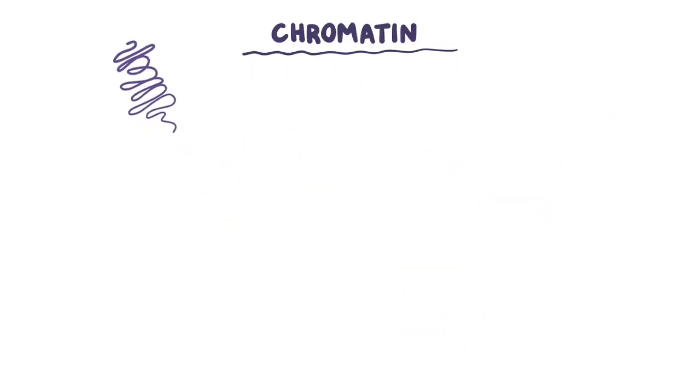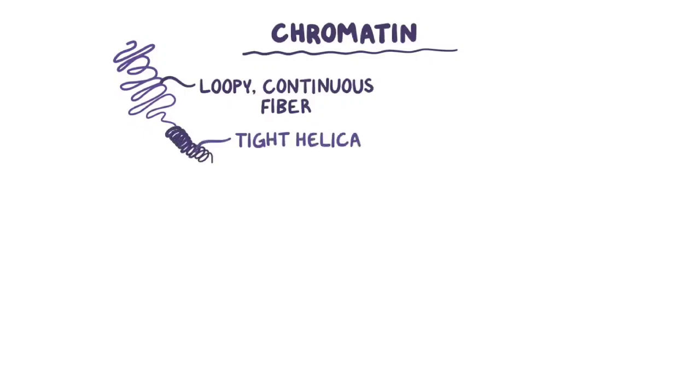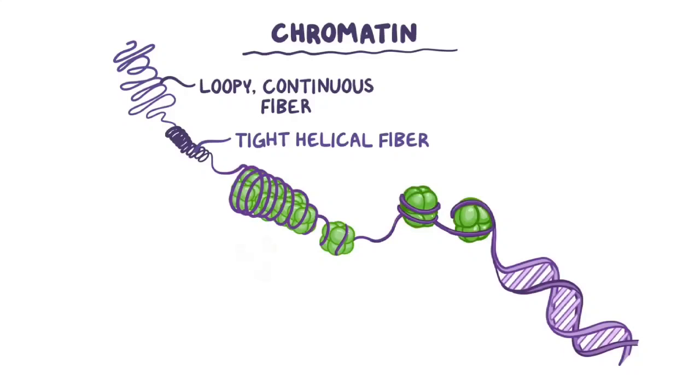Now let's focus on the chromatin itself. It's actually a long, loopy, and continuous fiber. Zooming further in, the fiber actually resembles the string-like cord of an old telephone, so a tight helical fiber. Going even deeper, the cord itself is made up of tight loops of DNA wrapped around protein structures called histones.